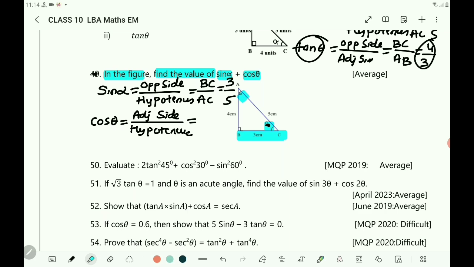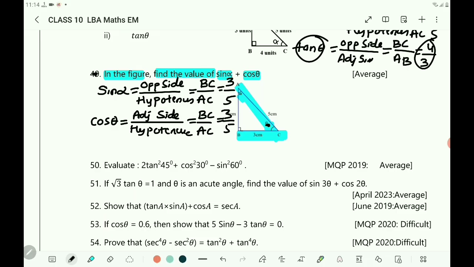The adjacent side is BC and the hypotenuse is the same, that is AC. So again you get BC by AC, which is equal to 3 by 5.